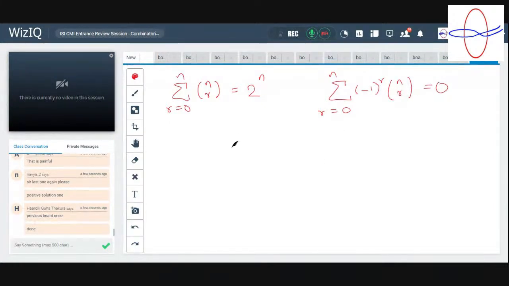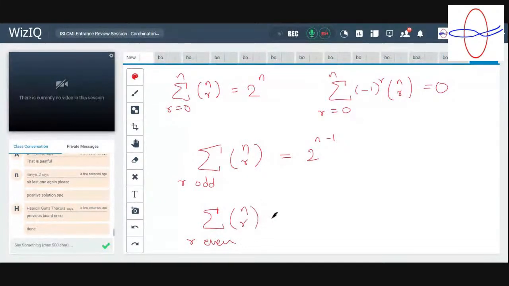You can conclude that the summation over r odd is equal to 2 to the power n minus 1, and same goes for when the summation is over r even.